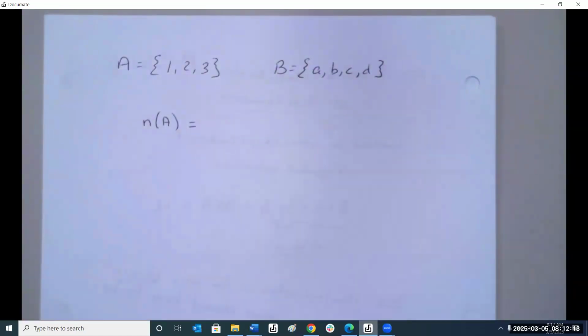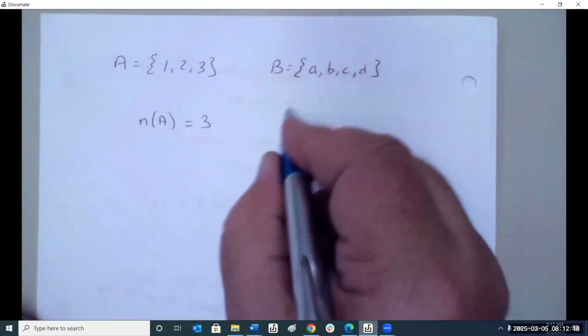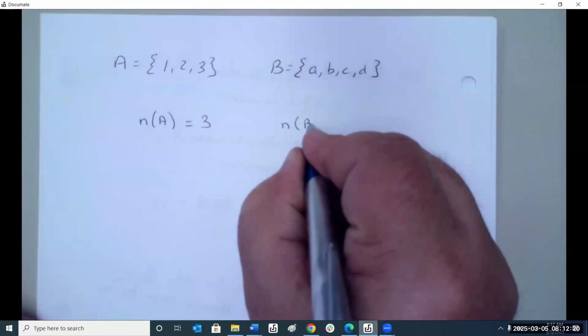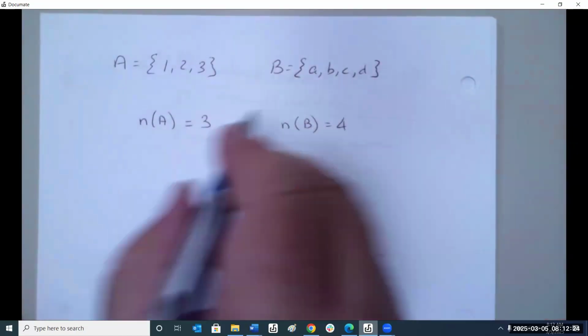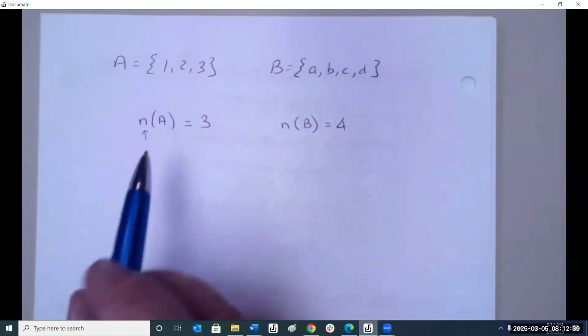What would that value be? What does this n mean? What is the name of this n? What is it looking for? Remember we looked it up in chapter 1. It means the number of elements of A, but what is it called?